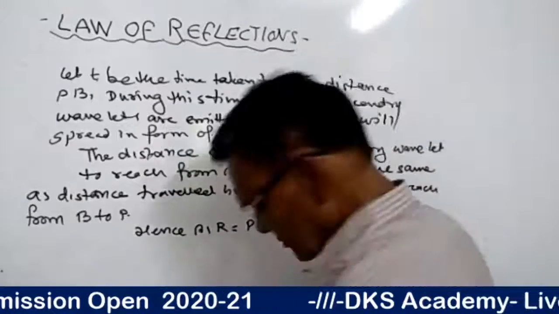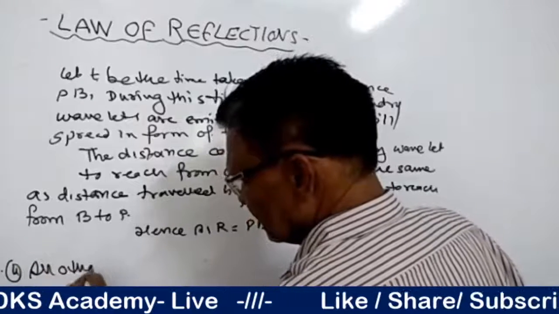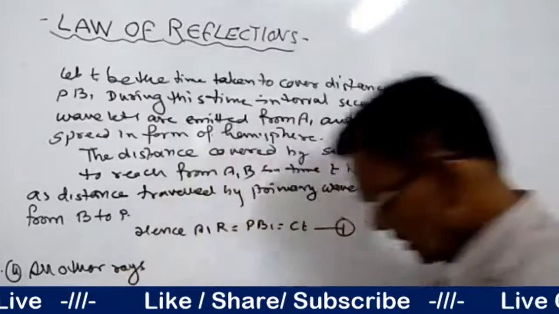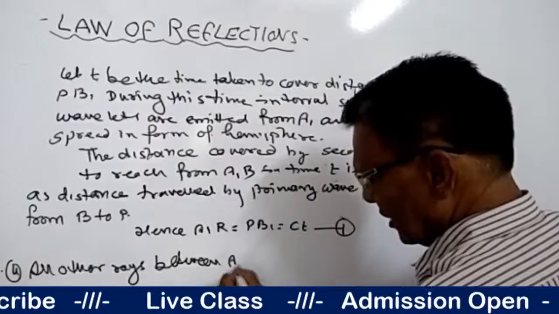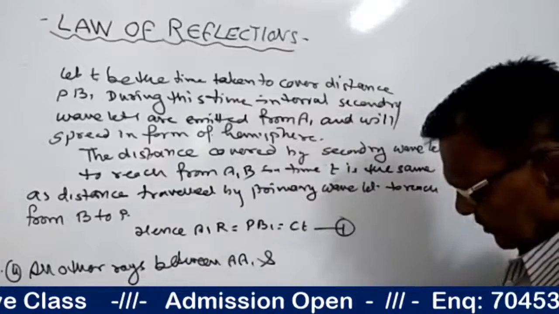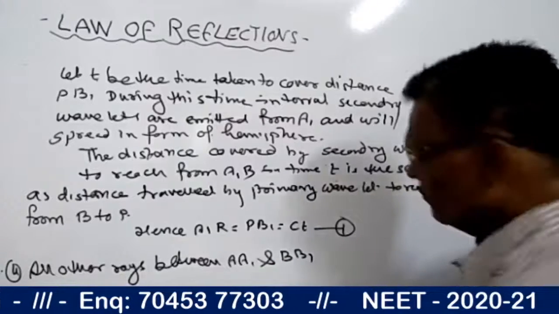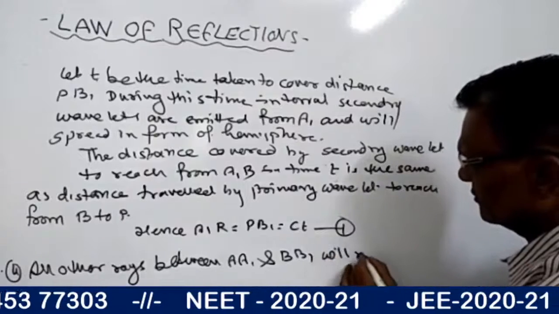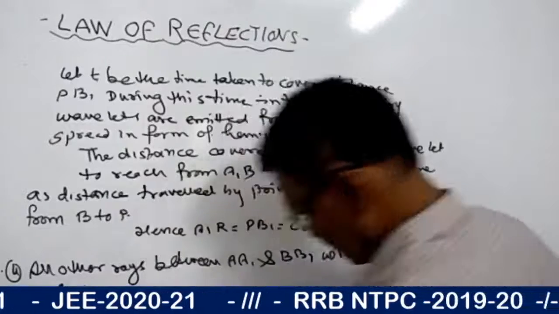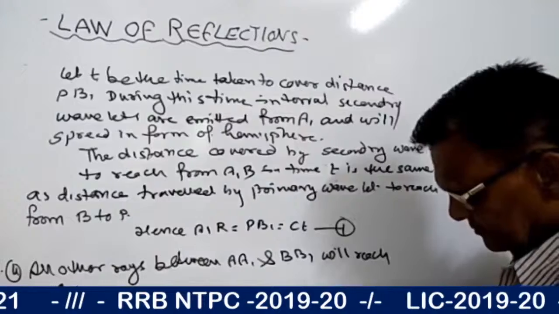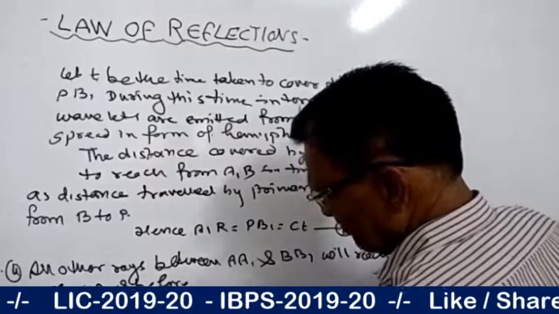Then next point, all other rays between AA1 and BB1 will reach XY after A1 and before B1.